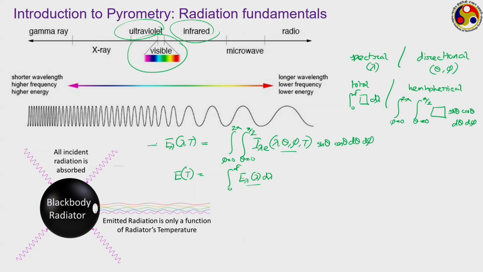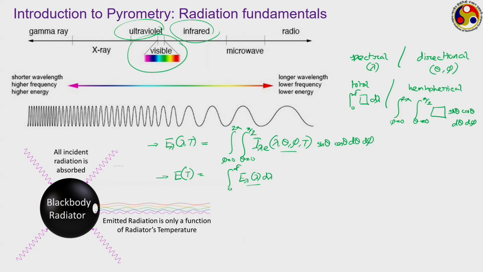So, this is spectral emissive power or spectral hemispherical emissive power. This is total hemispherical emissive power, that is the total amount of radiation that can be emitted from the surface of a body maintained at a temperature T.